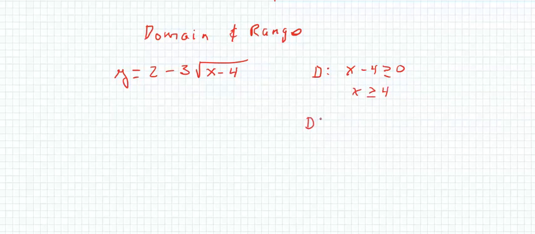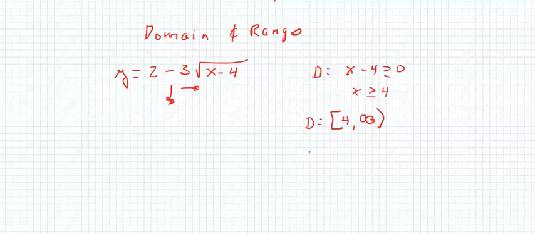So my domain, bracket 4, infinity. All right? My starting point is 2. My graph goes down and to the right.